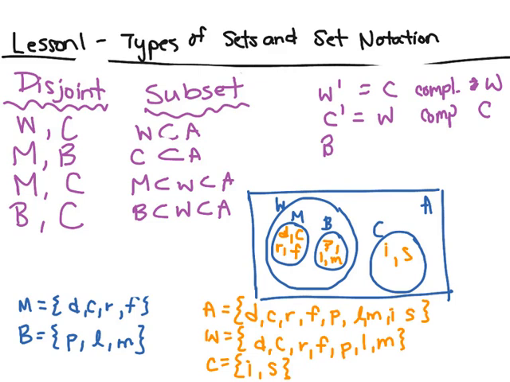So B prime is equal to M, which is the complement of B, and M prime is equal to B, which is the complement of M. So they're all the opposite of each other.